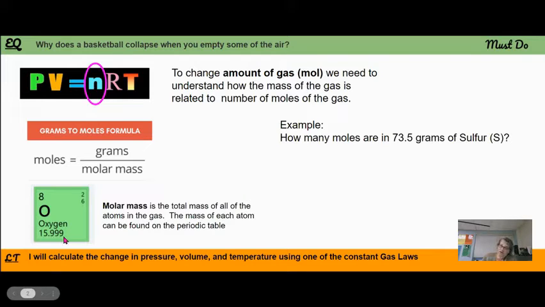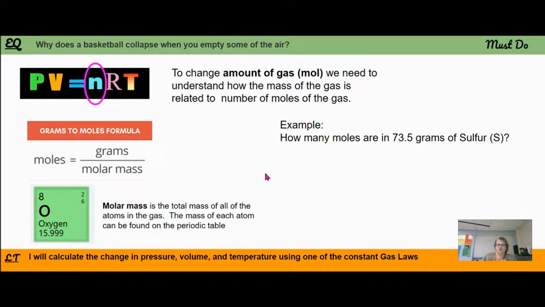Oxygen molecules, however, appear in twos. There are always two oxygens bonded together when we're looking at oxygen gas. So because there are two oxygens, we would need to multiply this by 2 to get our molar mass.